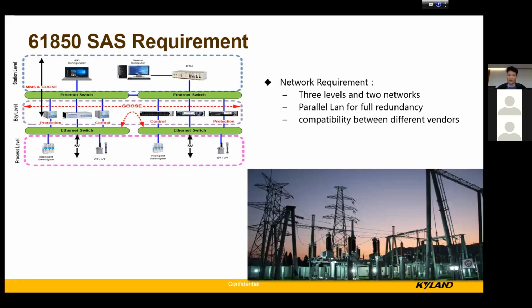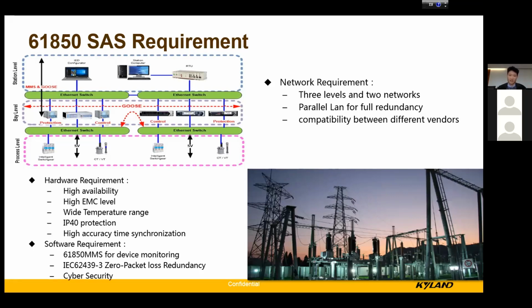And except for the network requirement, since many of the substations are high voltage substations, it has many hardware requirements for the devices installed in the substations, which cover high availability and a high EMC level to resist the electric and magnetic induction.